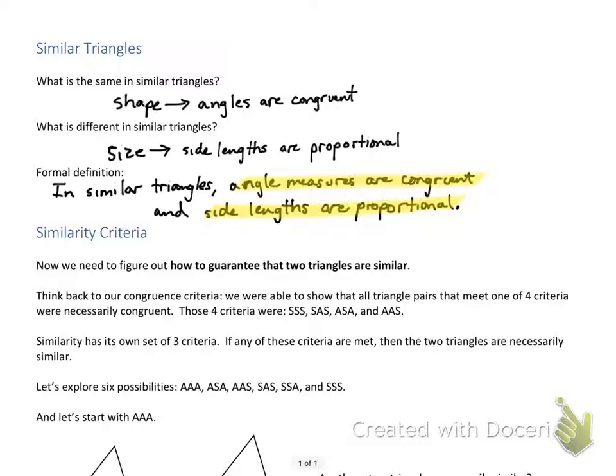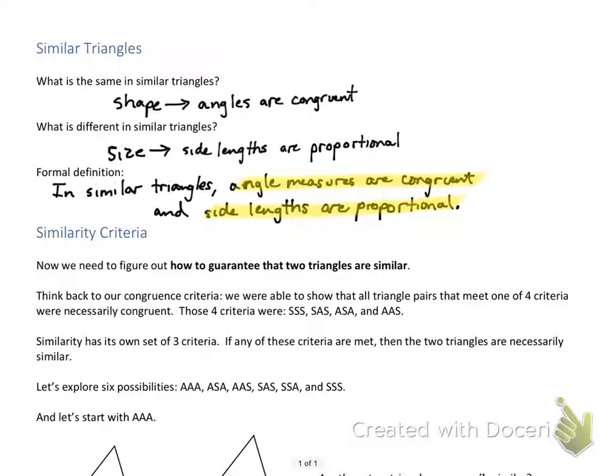Not congruent, but guarantee that two triangles are similar. And we have a certain set of similarity criteria that we're going to come up with today. If you think back to last semester, we were trying to prove that two triangles were congruent. And congruency had their own set of rules.